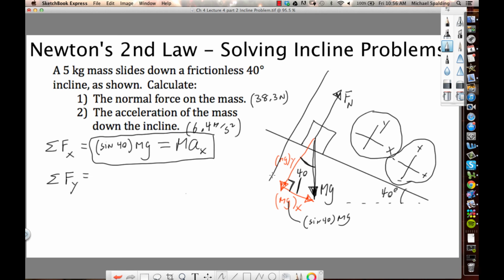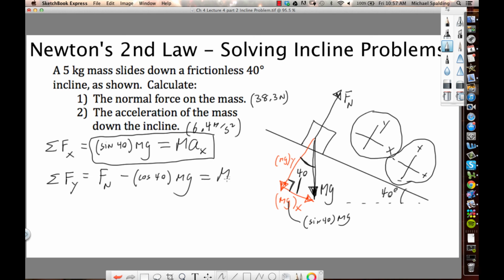All right, in the y direction, how many forces are in the y direction? 2. The y direction's this. There's the y direction. We have 2 forces in the y, normal force and mgy. Okay? So we go normal force plus, that's pointing positive, then minus, now what do we say about mgy? Cosine 40 mg. Right? That's mgy, cosine 40 mg. Any other y forces? Nope.